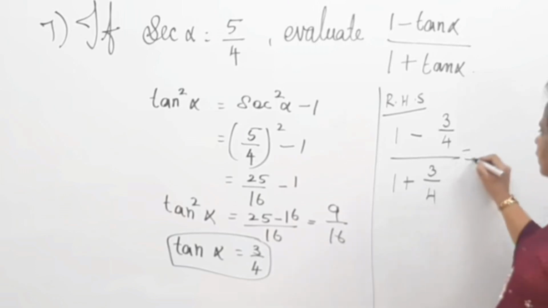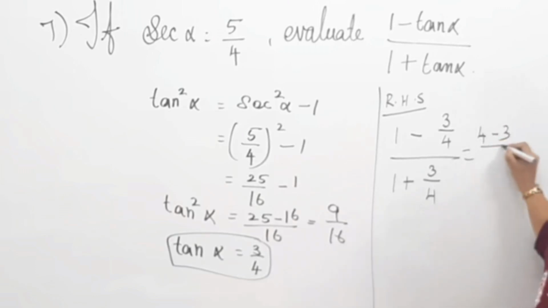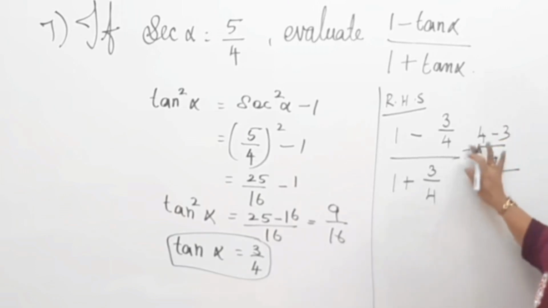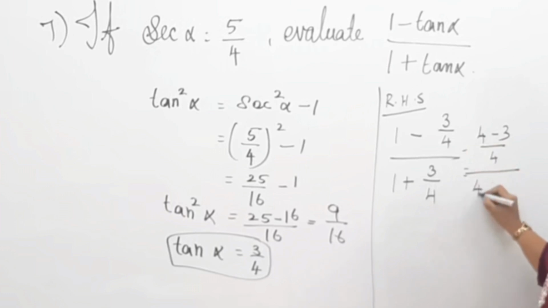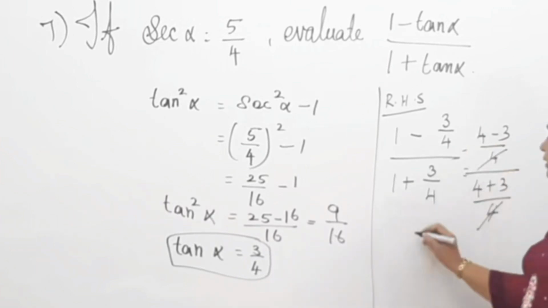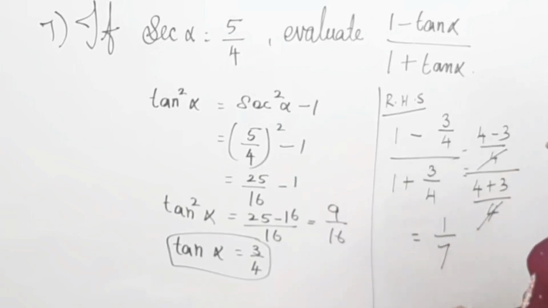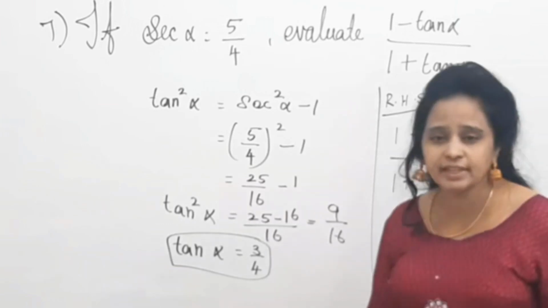Take the LCM, that becomes 4 minus 3 by 4 whole thing divided by, I would get 4 plus 3 divided by 4. The 4 gets cancelled, which is equal to 1 by 7. So my value for this expression is 1 by 7.